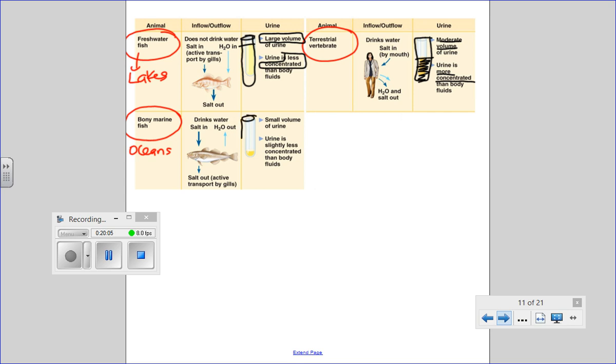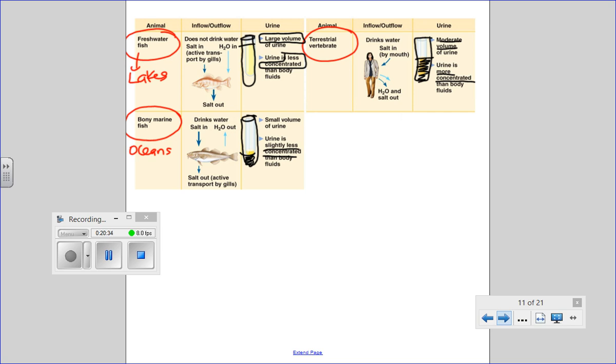The bony marine fish lives in salt water, and so salt is constantly coming in and out. And salt is a big factor that determines whether or not water is absorbed. If we take a look, their urine is very, very small in amount. And it's concentrated, not quite as concentrated as a human's, slightly less.